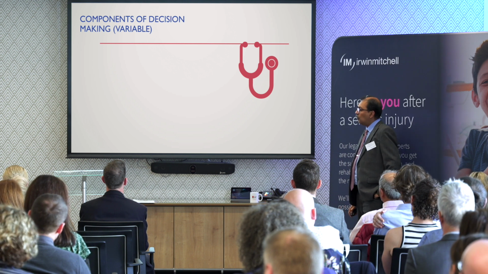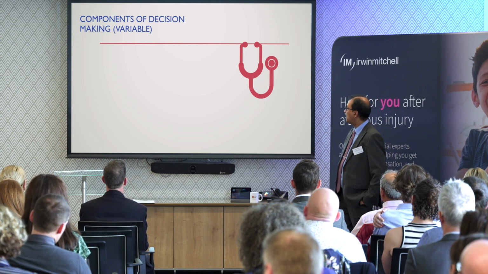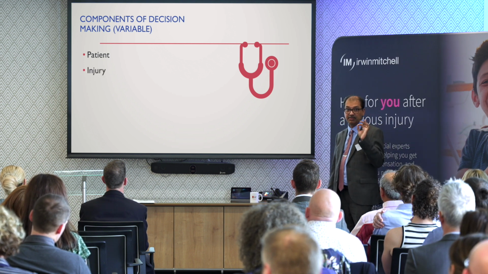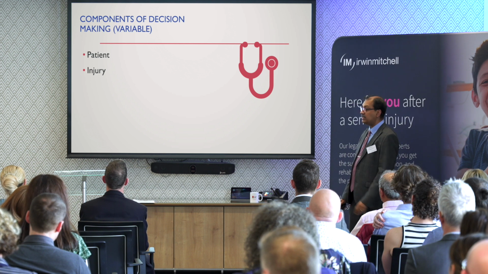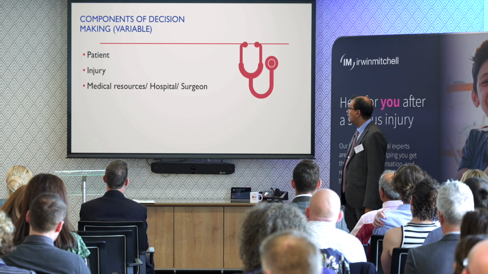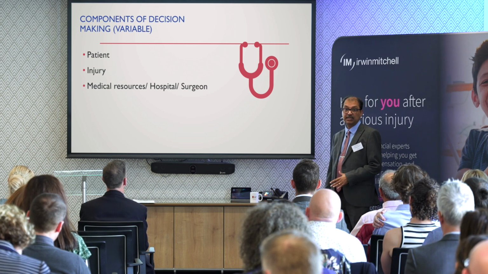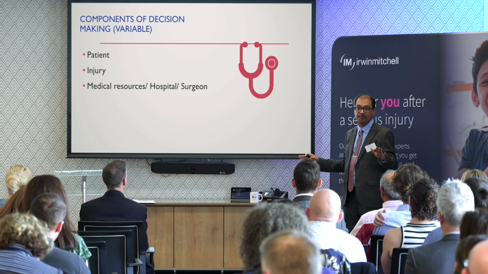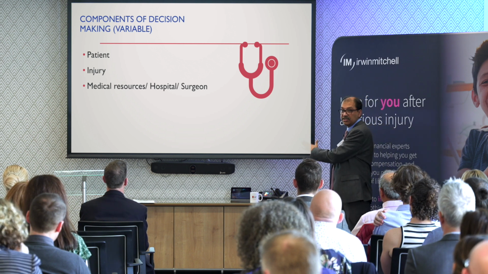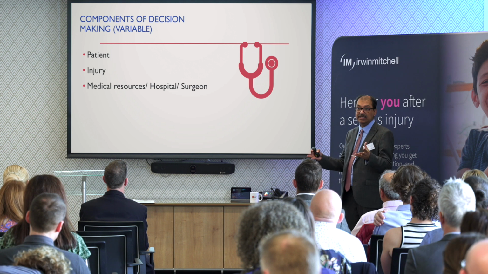So what are the variables of this decision making? One is the patient or the client himself or herself, the type of injury, what type of injury, and the medical resource and hospital surgeon. Across the world, it is the same. It is the patient, the type of injury, and who is treating. What is the expertise?